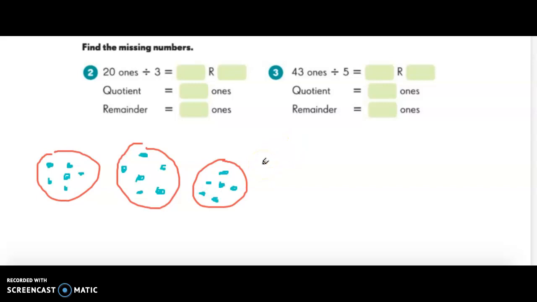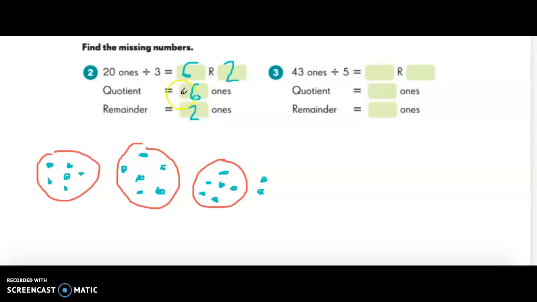Now, we have 2 left to do, but if we do 19, 20, then that means this one's going to have less. So we're going to put our 2 to the outside. So now, once we divide by 3, in our group we have 1, 2, 3, 4, 5, 6, with a remainder of 2. So that means our quotient is 6, and the remainder is 2.